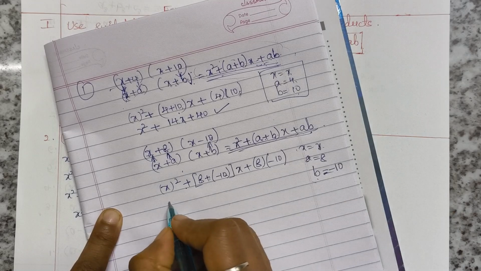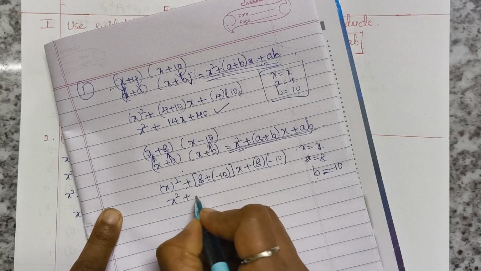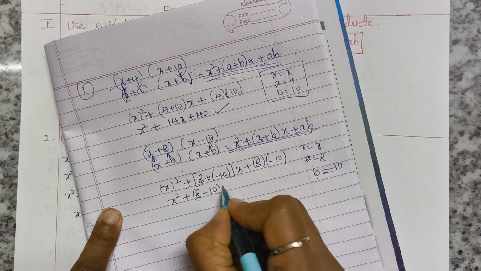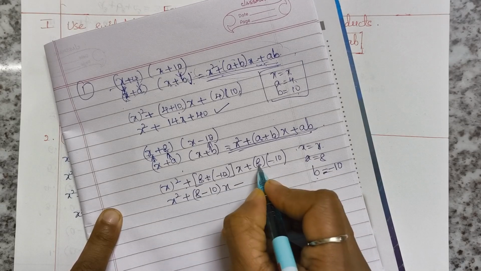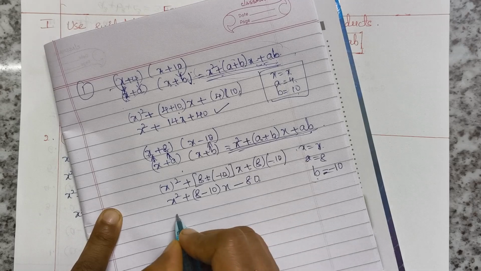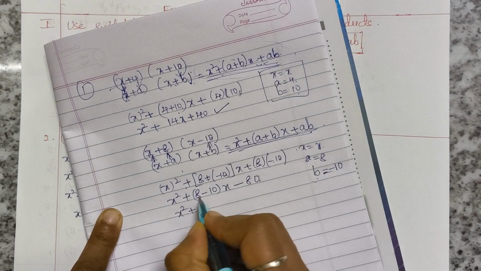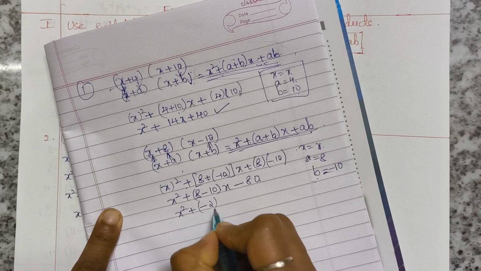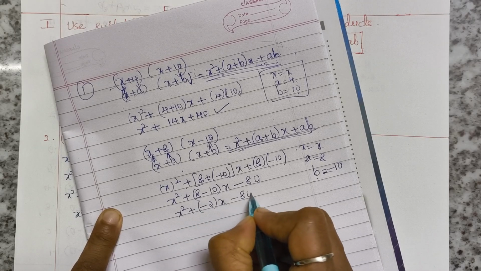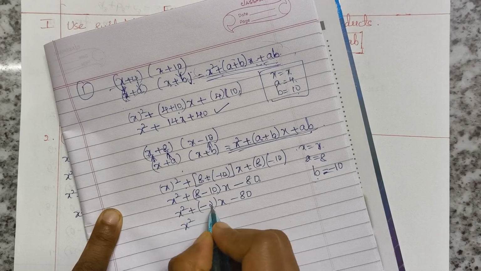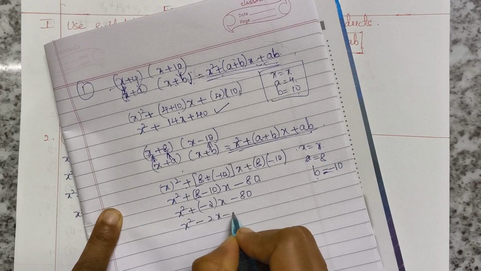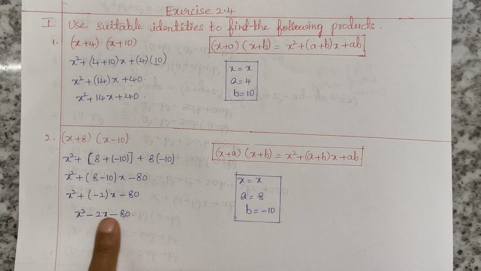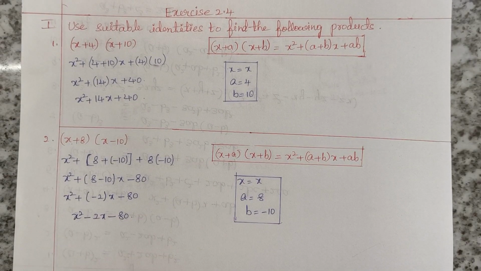So x² + 8 plus into minus 10 into x, plus into minus 8 tens are 80. Simplifying, 10 minus 8 is 2 and the bigger number's sign is minus, so we get minus 2x minus 80. So x² - 2x - 80 is the answer. I have given fair notes also.